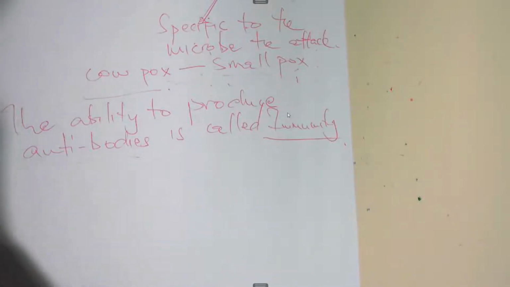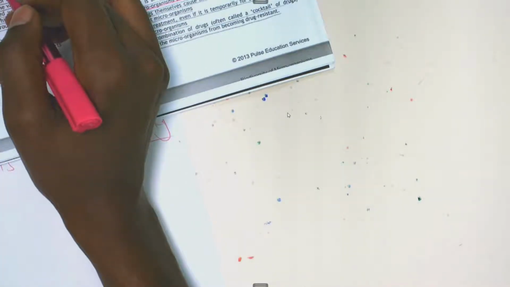And then let us look at vaccinations. You remember that we talked about natural immunity and acquired immunity. Acquired immunity is the one where a person has to get infected first, then his or her body will start producing the antibodies.